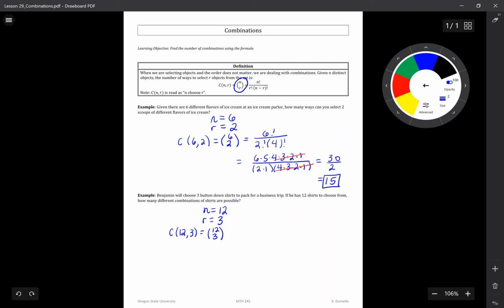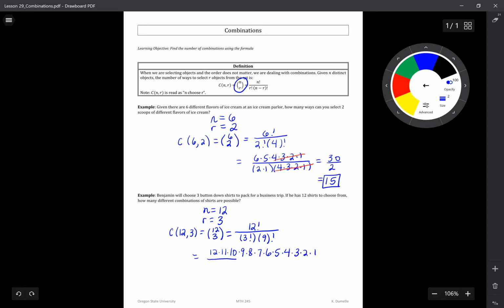So I have C of 12, 3, which is 12 choose 3. That is 12 factorial over R factorial, which is 3 factorial, and then n minus R factorial is 9 factorial. So I am left with 12 times 11 times 10 times 9, 8, 7, 6, 5, 4, 3, 2, and 1.